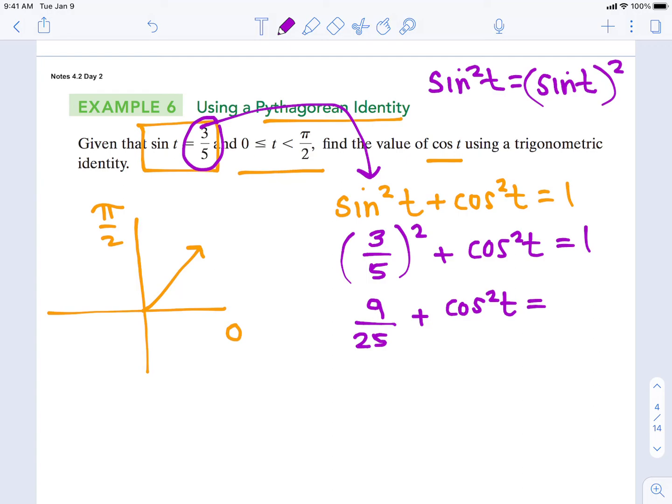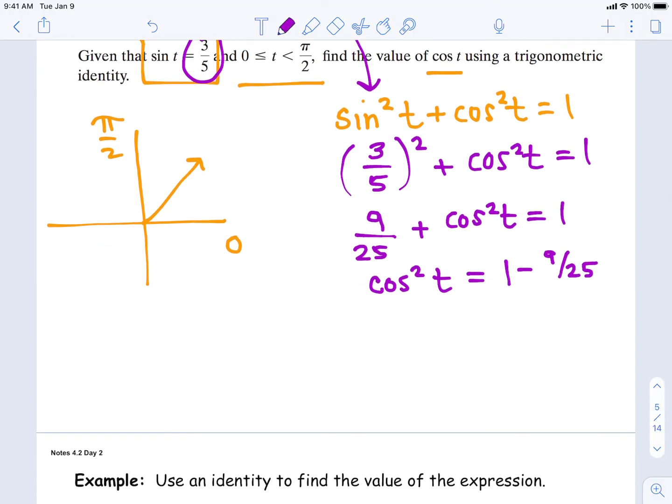Then we're going to subtract 9/25 from both sides so that we can isolate that cosine squared of t. Now we're going to simplify this right side. So these are unlike denominators. So we're going to change that 1 to 25 over 25. 25 divided by 25 is 1.